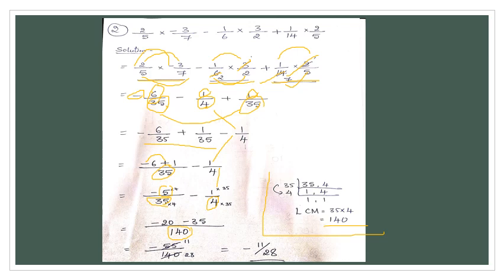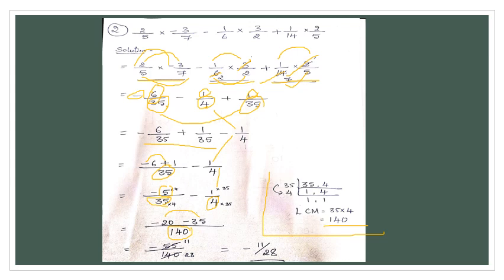Children, this is the simplified form of the above step: minus 20 minus 35 by 140. Here see children, minus 20 and minus 35 both have negative signs. That means those are negative rational numbers, or negative integers we can say. So if the minus sign is there, we want to add.